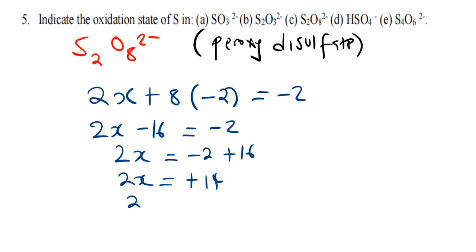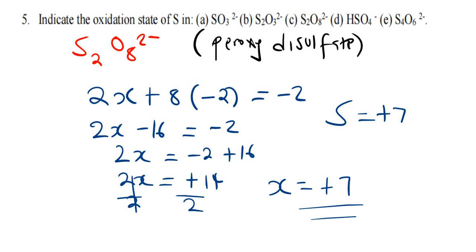Then I divide by 2 on both sides, so x will be equal to 14 divided by 2, a positive 7. That will be the charge for the sulfur in that compound. So sulfur is equal to positive 7.